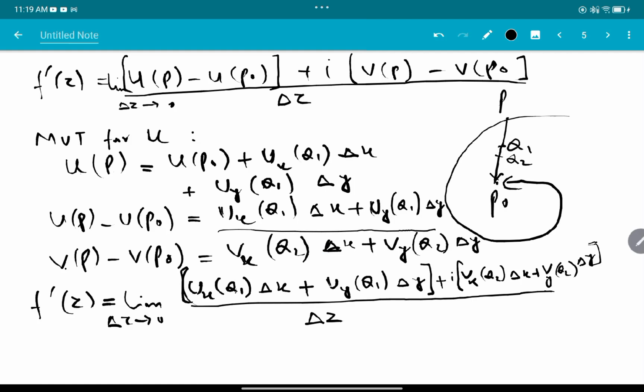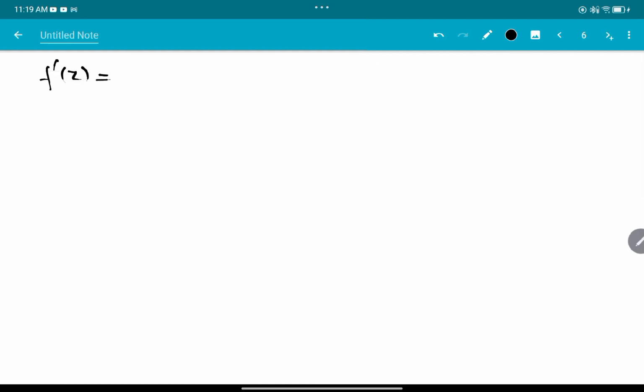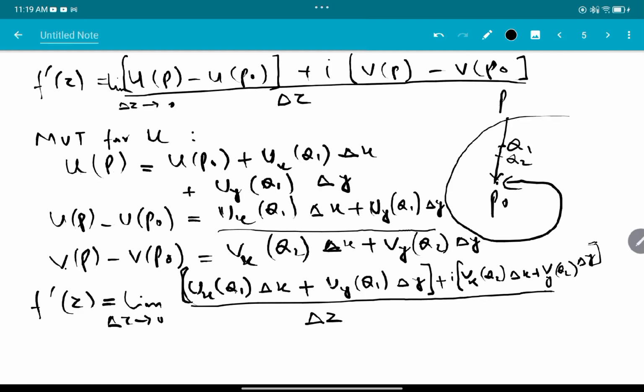Now f dash z, let us go back to this. We have f dash z is equal to limit delta z tends to 0. Then ux q1 in its place, first let me write it here.